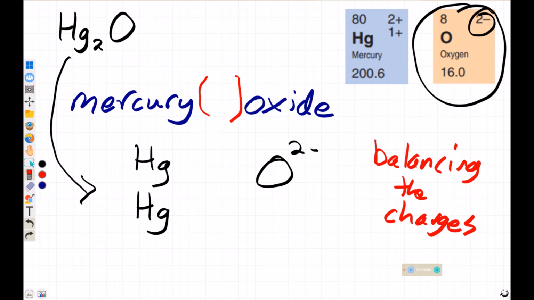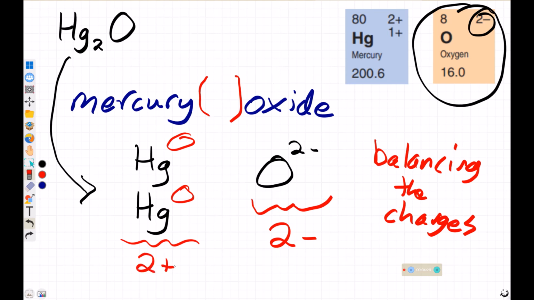What this means is that if we were to count up all the negative charges that we had in the formula, it is going to have to be exactly equal to the number of positive charges that we have in the formula. So since we have two negative charges, we're going to have to end up with two positive charges.